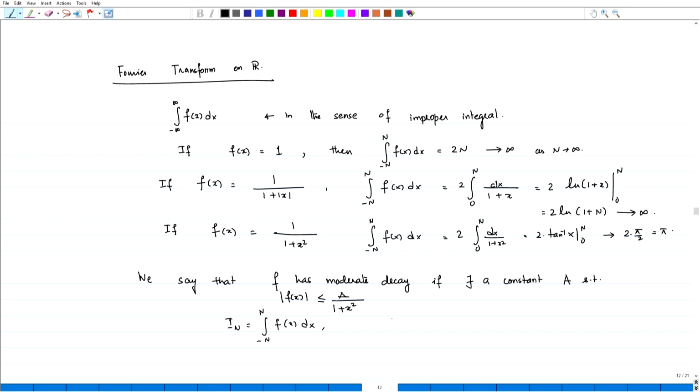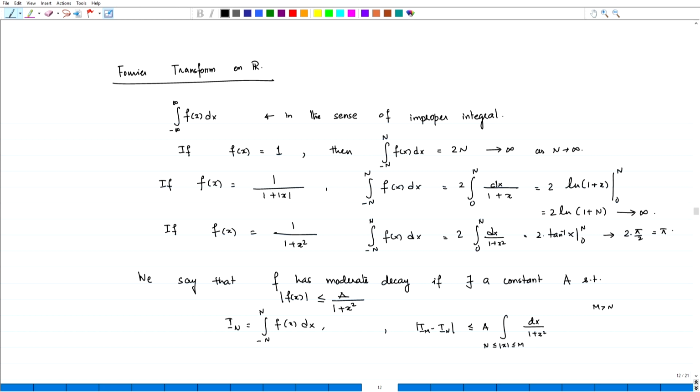As one can see, if I take I m minus I n, suppose m is greater than n, then this is less than or equal to A times the integral over n less than or equal to mod x less than or equal to m of dx by 1 plus x square.